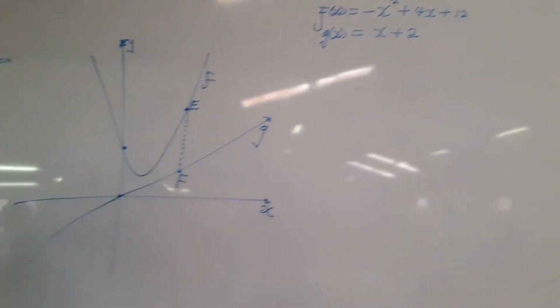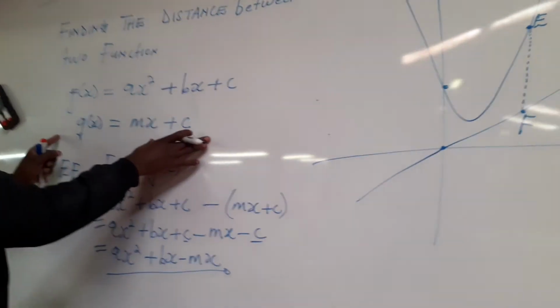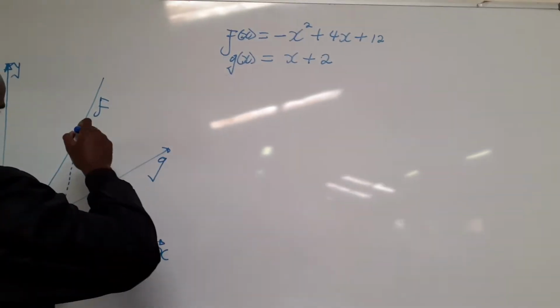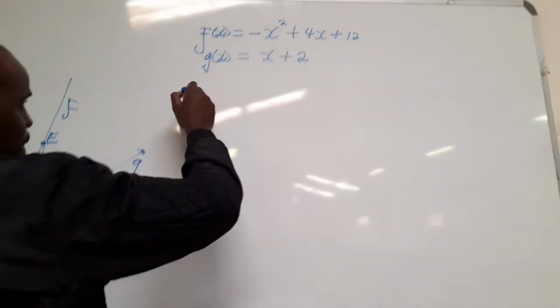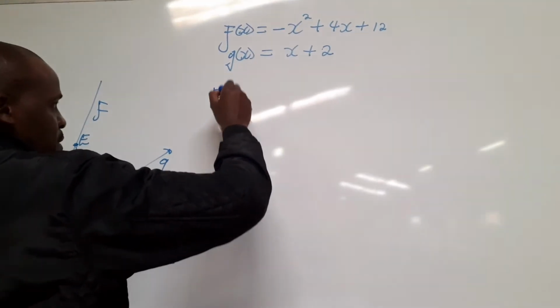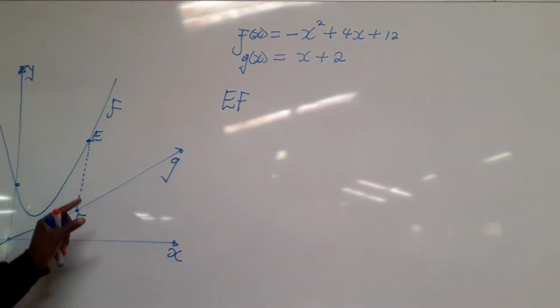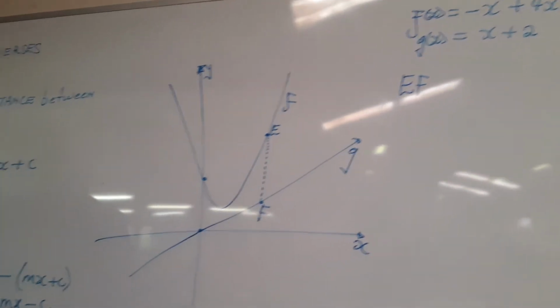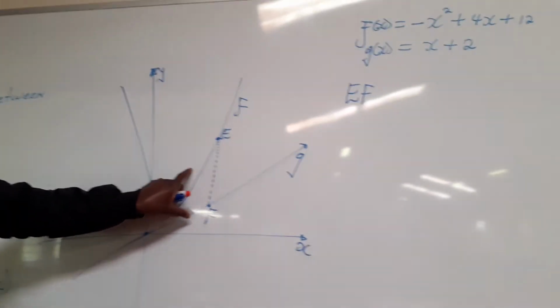They represent this. We are to find the length EF. Remember that we now have to find the maximum length.